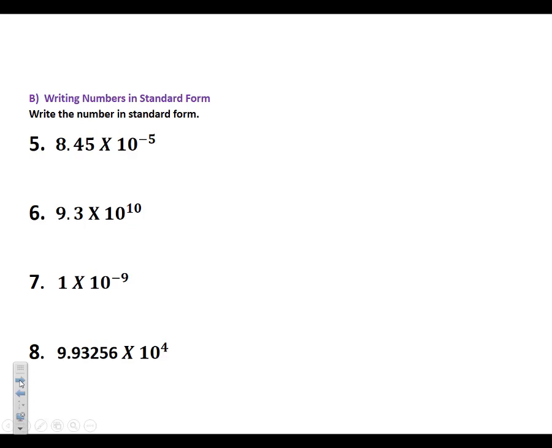And if you have a negative exponent, you might want to write this down. Negative exponent moves the decimal left. Well, that only makes sense because on a number line, negative numbers go to the left, right?